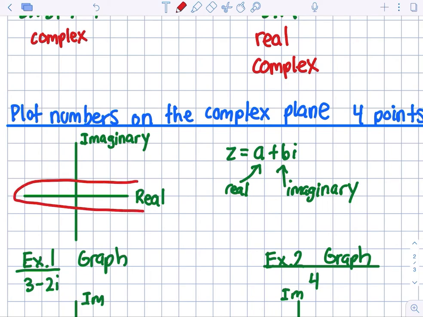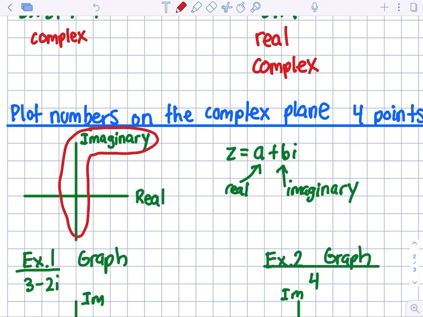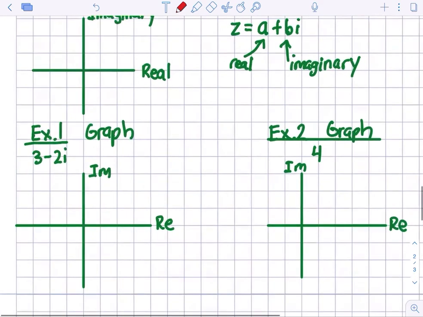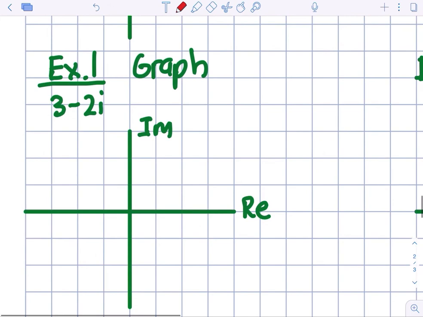What you know to be your x-axis is going to be your real, and what you know to be your y-axis is going to be your imaginary. So with this knowledge, you should be able to graph this, and we'll look at some examples. Okay, so they're going to ask you to graph.